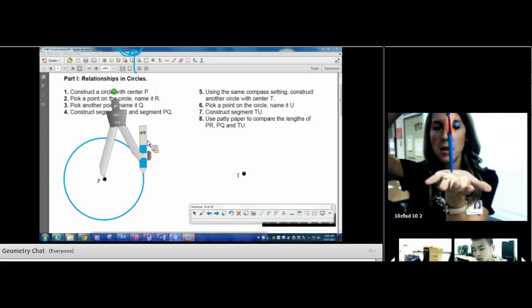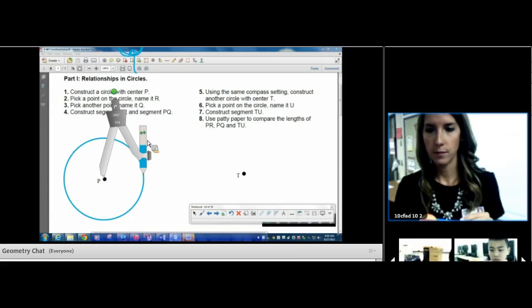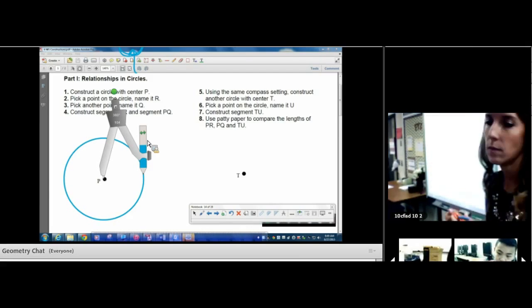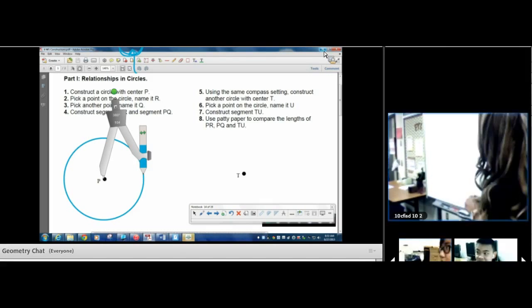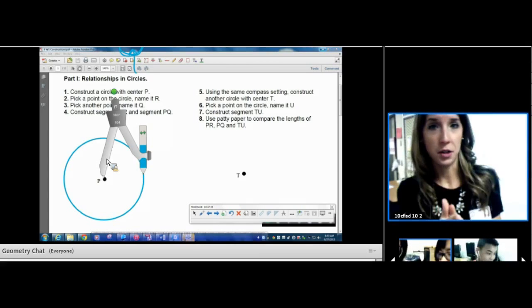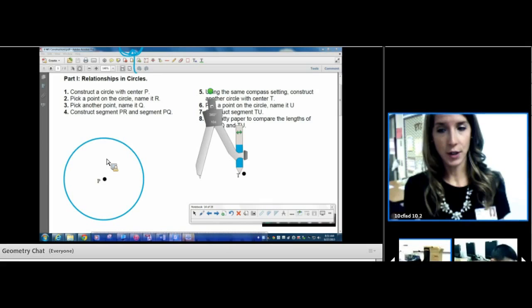Okay? So you twist it and your pencil should be touching the paper as it goes all the way around. Alright, so we might all have constructed different circles, but for what we're trying to observe here, it doesn't matter what size our circle was.